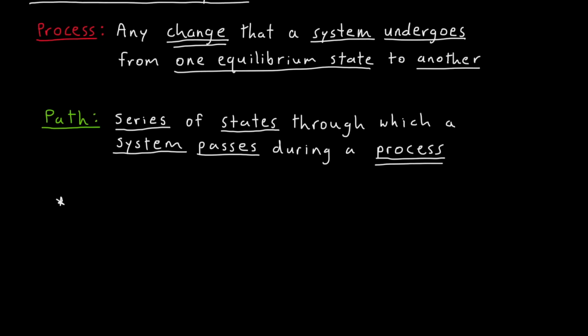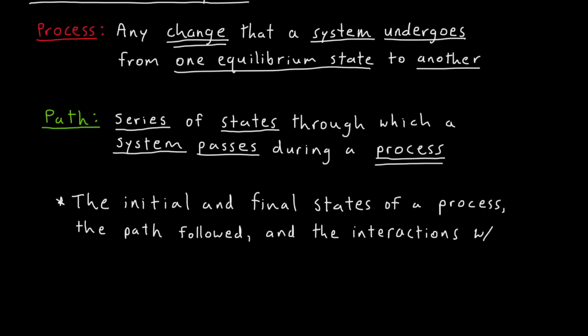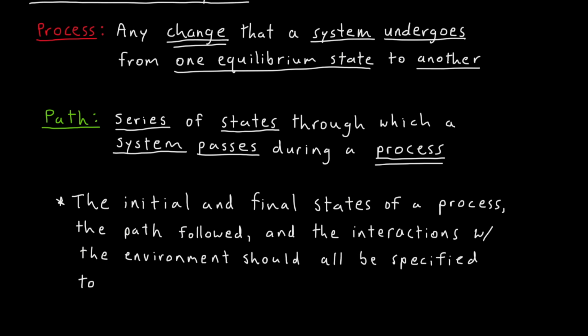Here we must note that the initial and final states of a process, the path followed during that process, and the interactions with the environment should all be specified in order to fully describe a process.